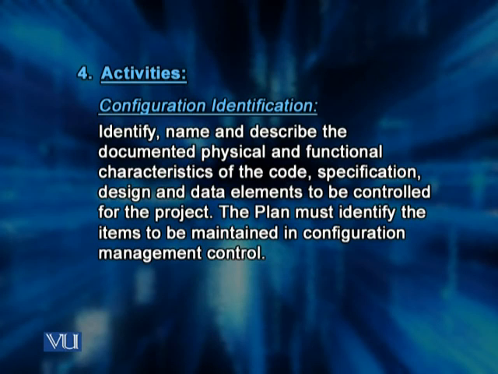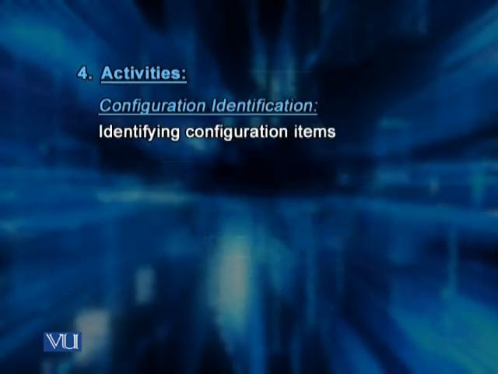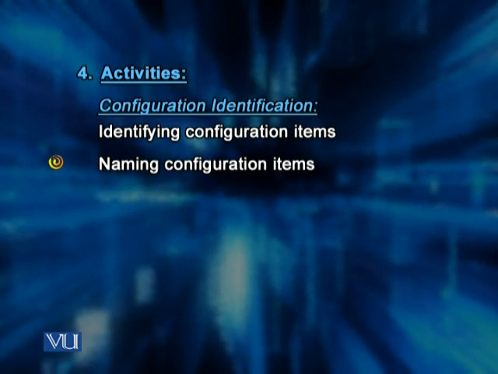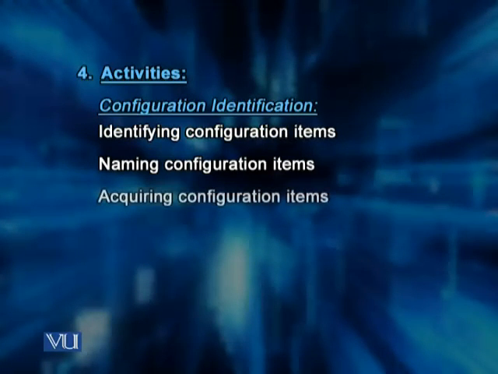The plan must identify the items to be maintained in a configuration control system. This has obviously three important subsections of its own. They are titled as identifying configuration items, naming configuration items, and acquiring configuration items.